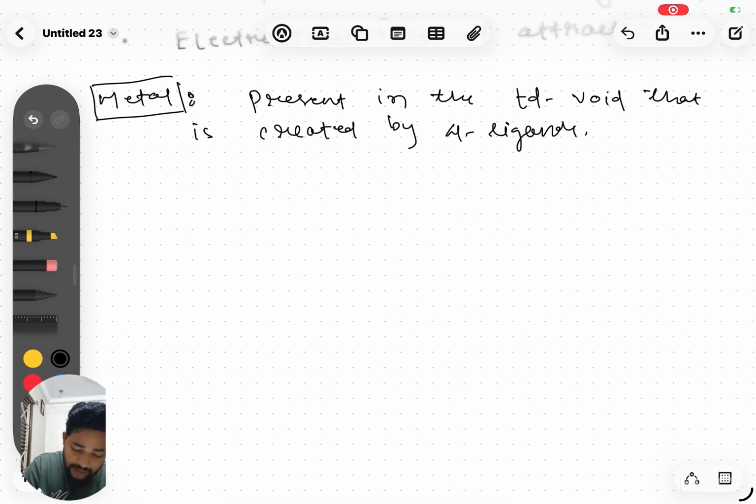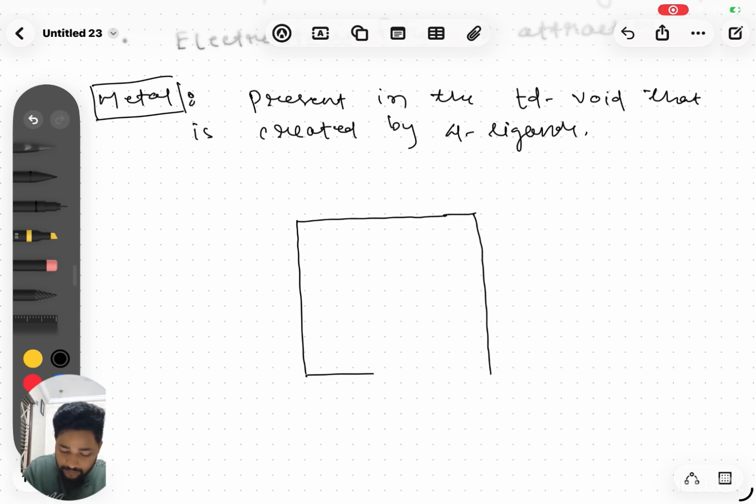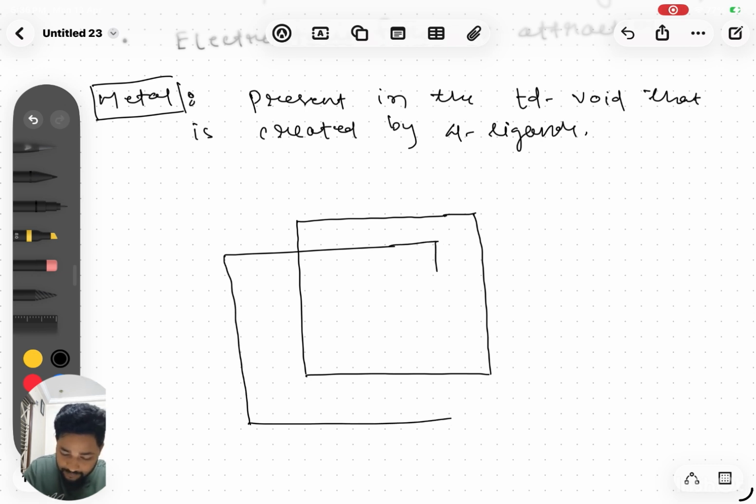Suppose this is a cube. This is the cube that I'm going to draw. I want to explain this in 3D, that's why I'm drawing this cube.